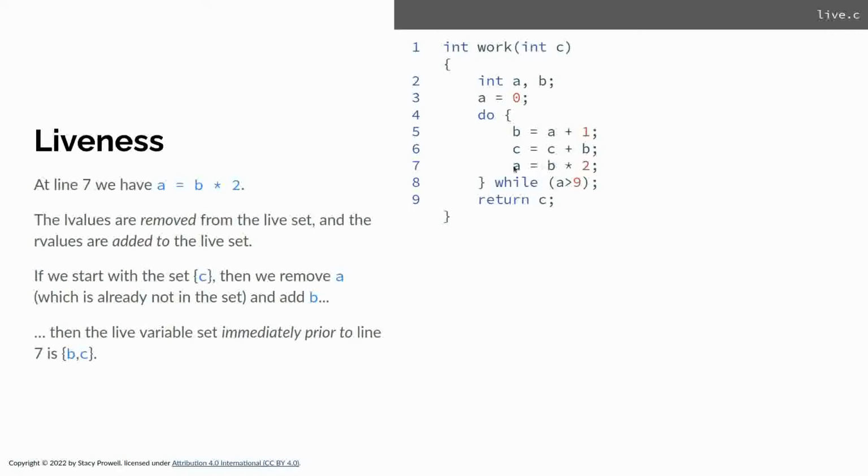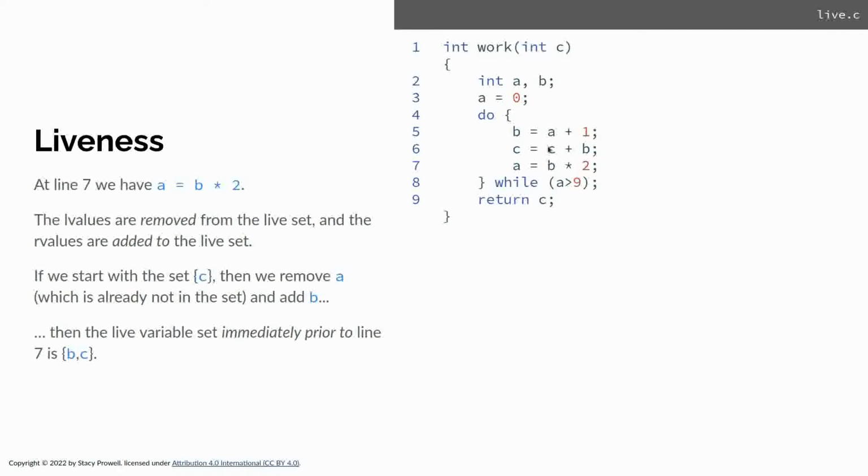And by live set, I mean the live set prior to this line. So if A was live down here, when I walk back through this line, I remove A because it's an L-value, and I add B because it's an R-value. And so if A is live here, up here A is not live, but B is. Does that make sense?